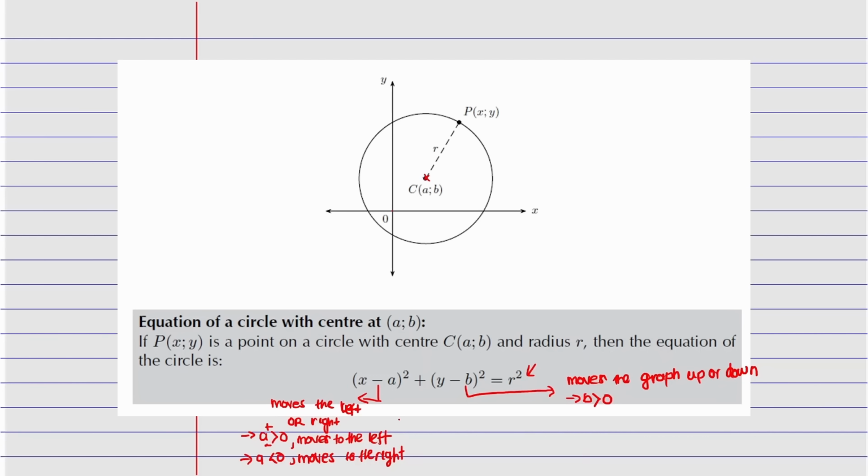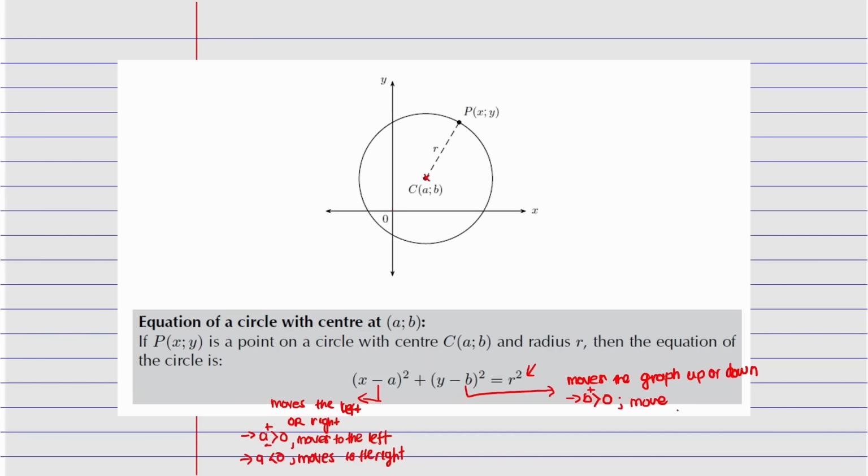I know that when we were doing other ones like P and Q, the one that's related to Y basically maintains its sign. But here in circles, it does not maintain its sign. So when B is positive, the graph will move.